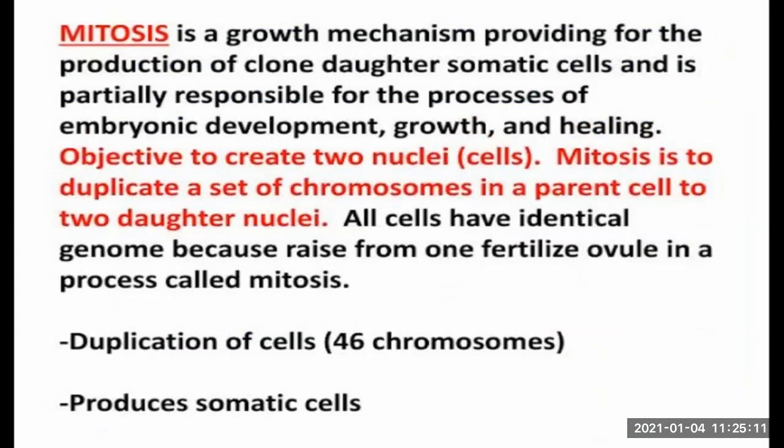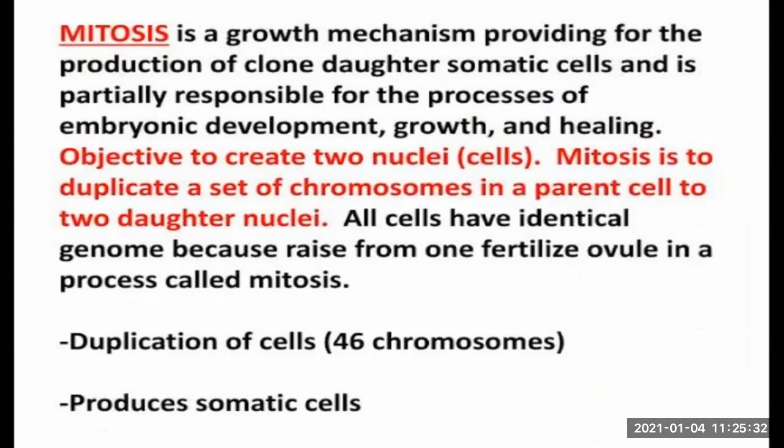Then we have the mitosis. It is a growth mechanism, which is why mitosis is required in these stages of embryonic development, because it provides for the production of clone daughter somatic cells, and it is partially responsible for embryonic development, growth and healing.